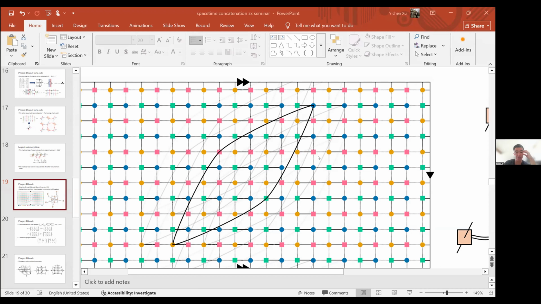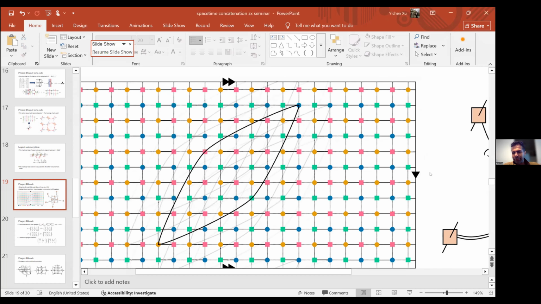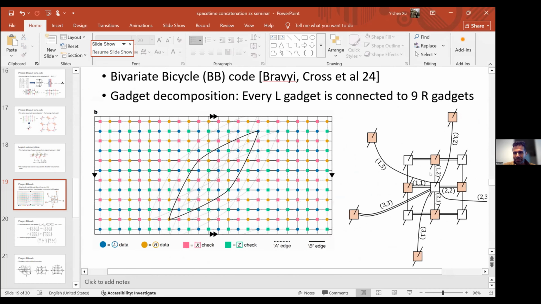Oh yeah, absolutely. Hypergraph product code is probably a simpler case than BB code. BB code is a lifted product code, a generalization of hypergraph product code. So definitely, the method applies to arbitrary LDPC stabilizer codes. We think it could also generalize pretty easily to non-LDPC codes, but we don't discuss that in this talk.